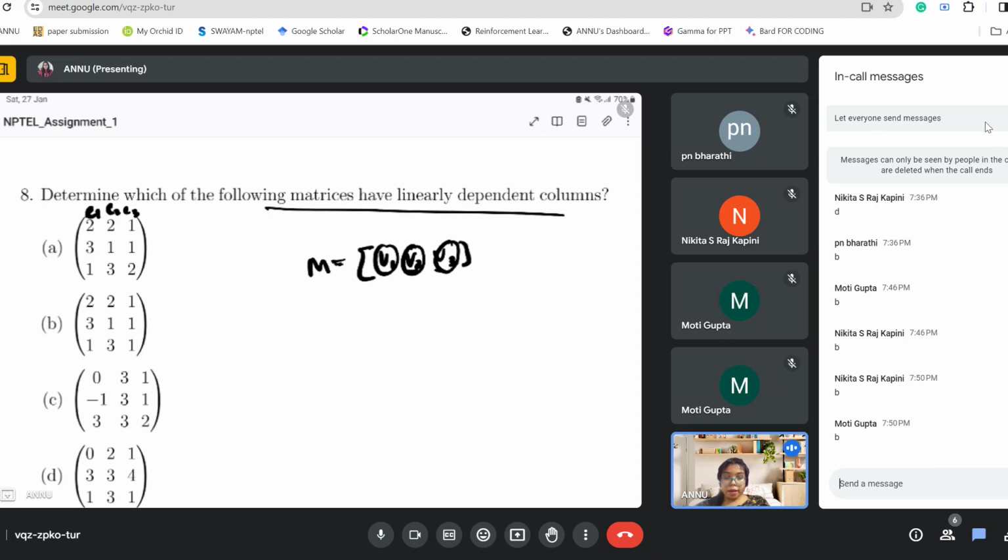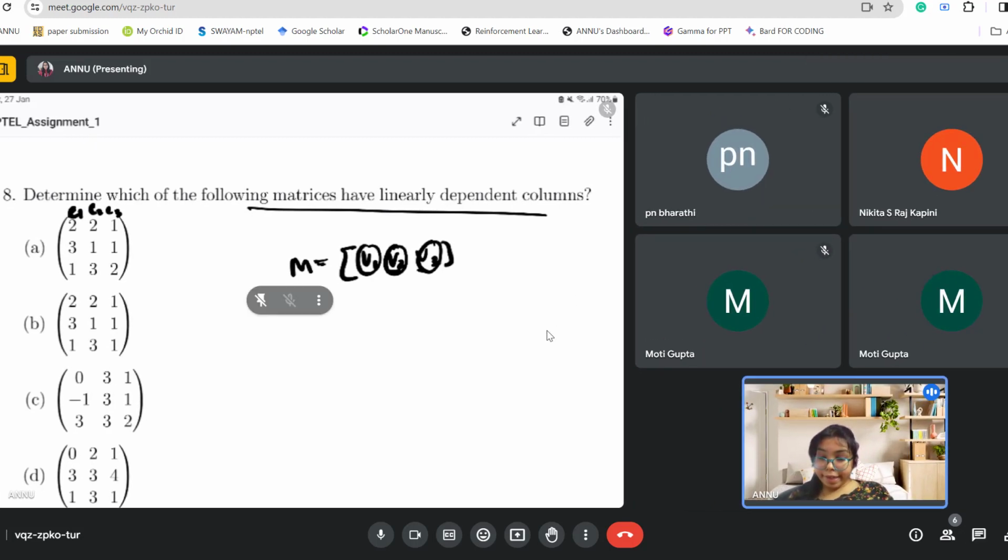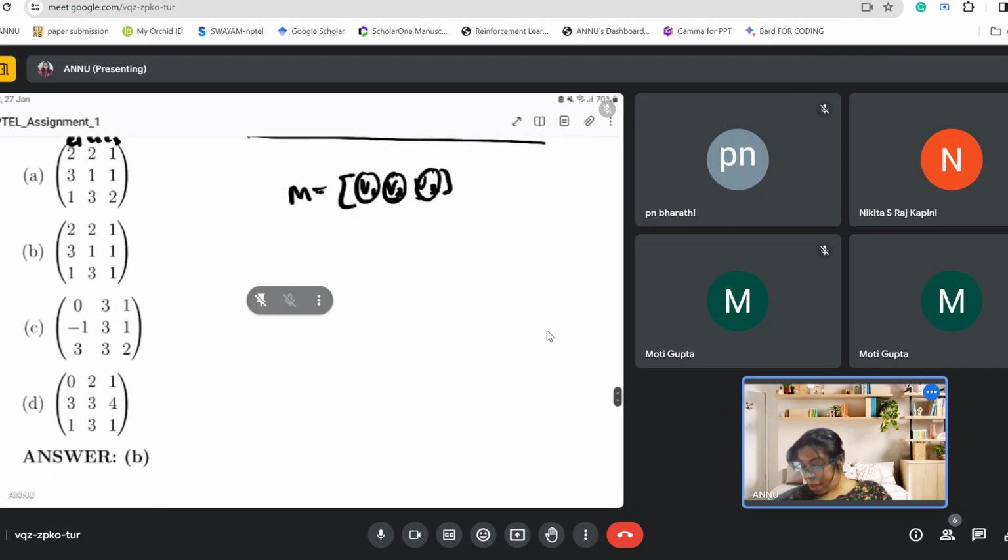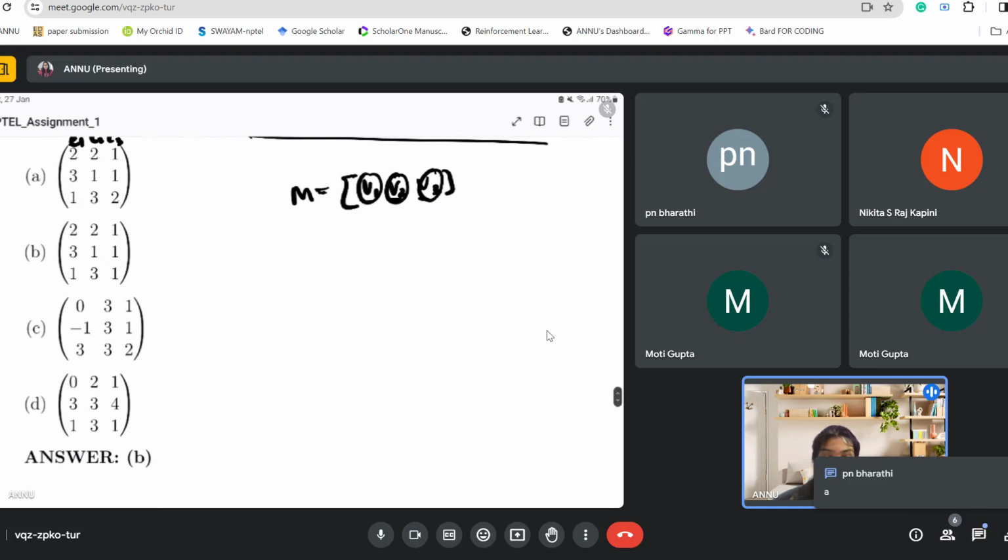Moti, Nikita, okay, so both of you told B. Let us see whether the answer is B or not. So the answer is B, very correct. Bharti, okay, it's okay to make mistakes. You can just cross check. If you have any problem in solving it, just let me know.